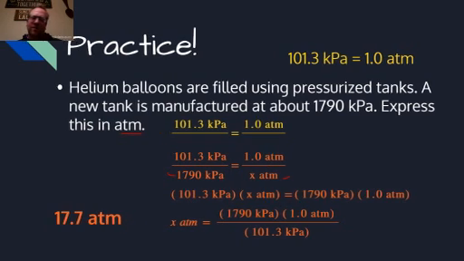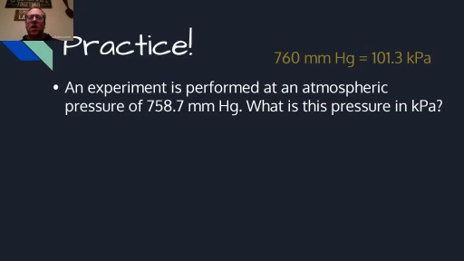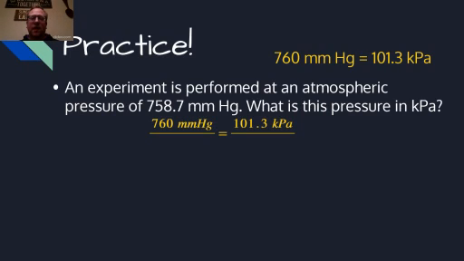For our next practice, an experiment is performed at an atmospheric pressure of 758.7 millimeters of mercury. What is this pressure in kPa? Using our conversion factor of 760 millimeters of mercury is 101.3 kPa, I'm going to set up my ratio here. 760 millimeters of mercury over something equals 101.3 kPa over something else. Again, these are my standard pressures.